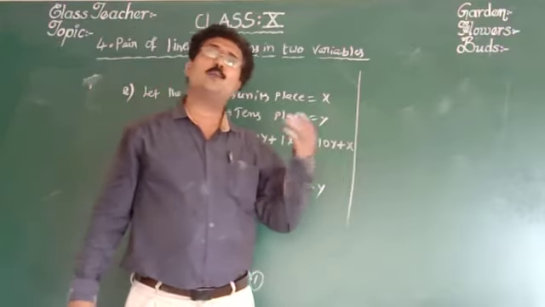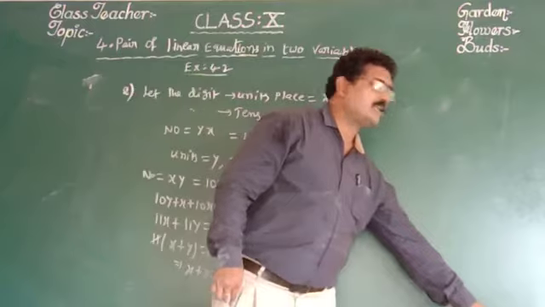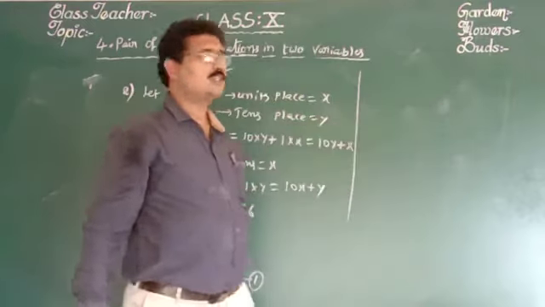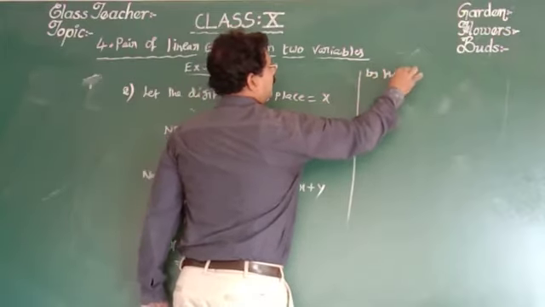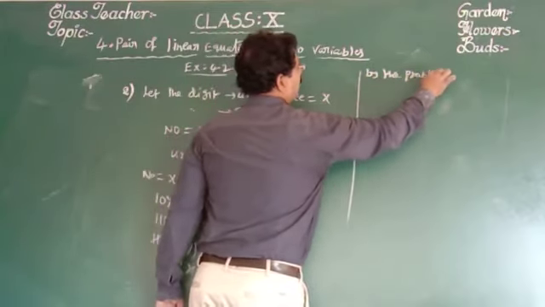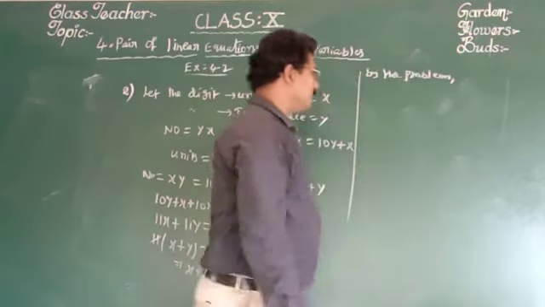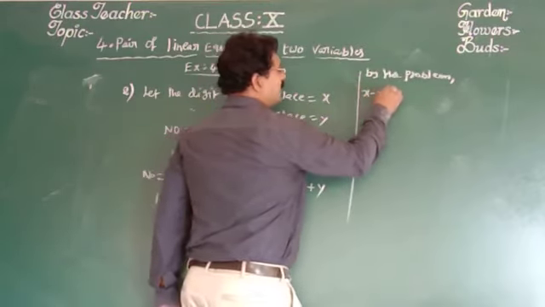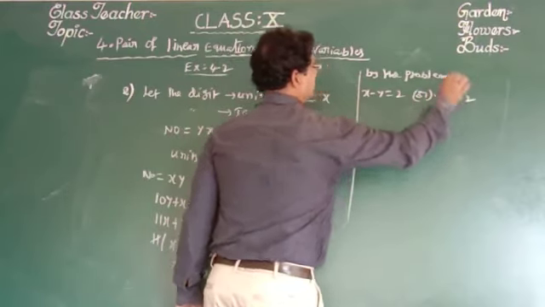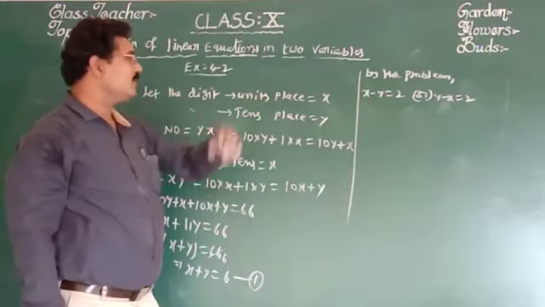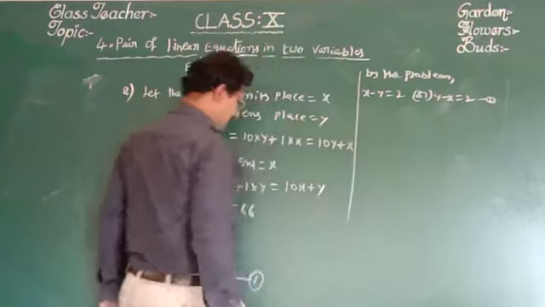In both cases we have to use x plus y is equal to 6, so two different solutions will come, that is, two numbers. These both are equation 2.